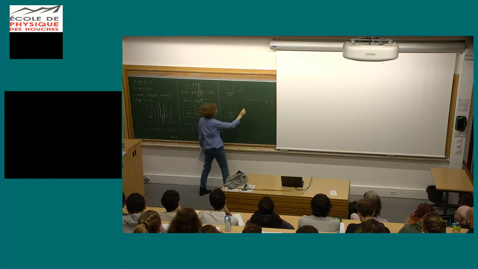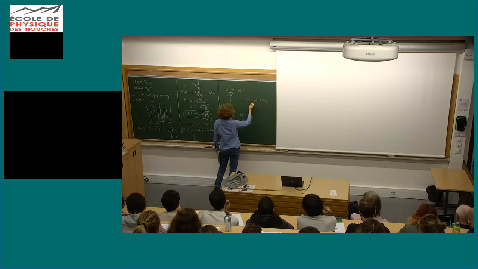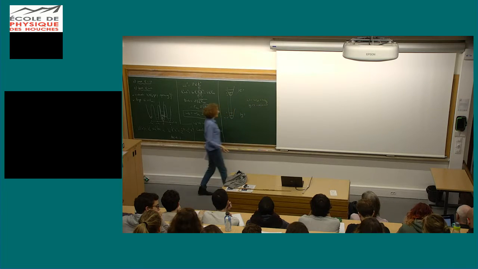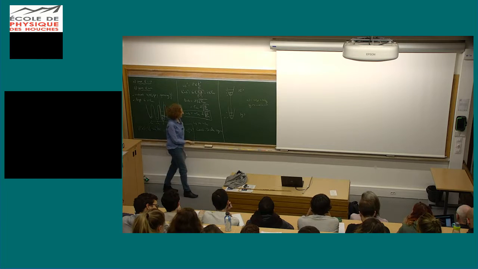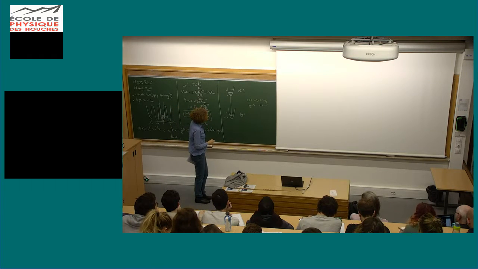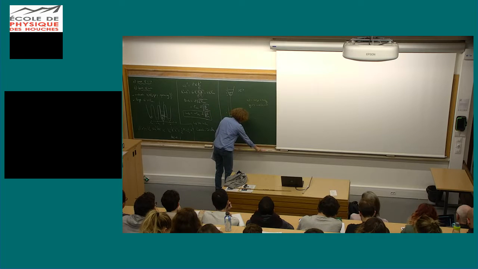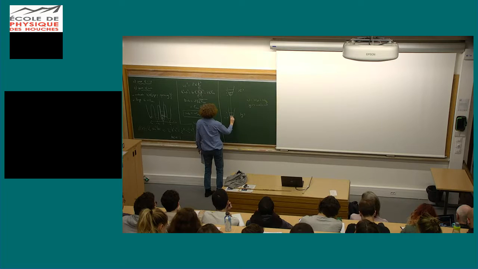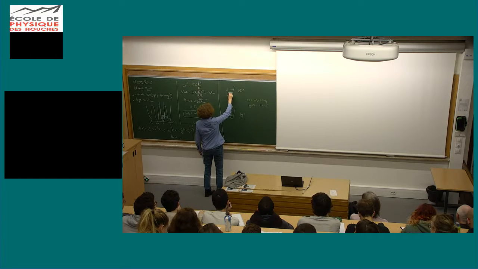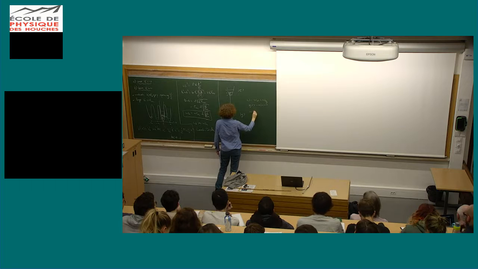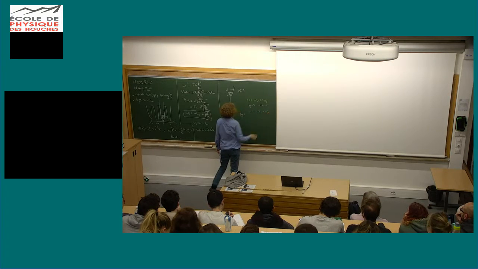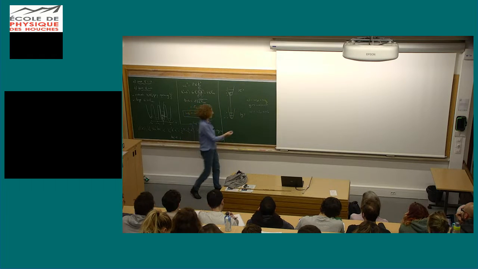So this transition occurs between the excitation n in the ground state and the excitation n in the excited state. You can also have a transition between a level n and a level n plus 1, and this occurs at the frequency which is the atomic frequency plus omega naught.